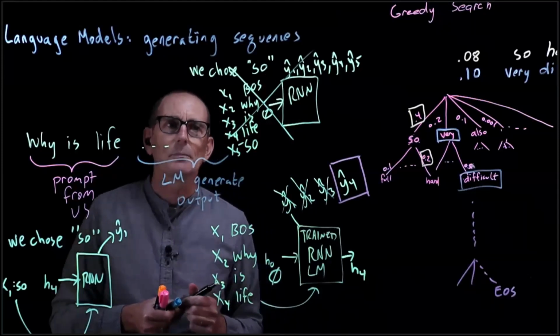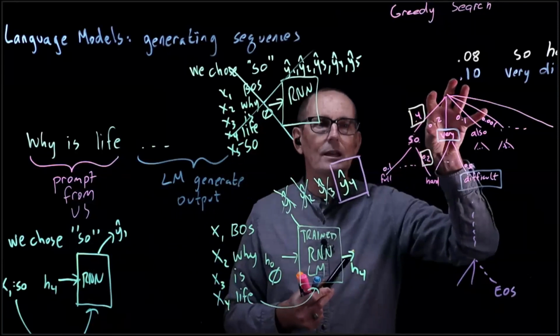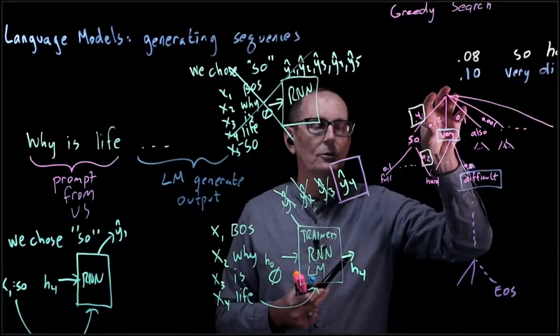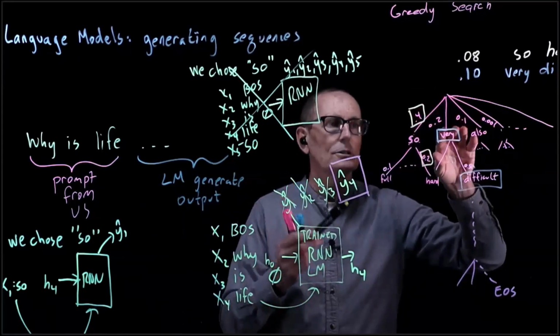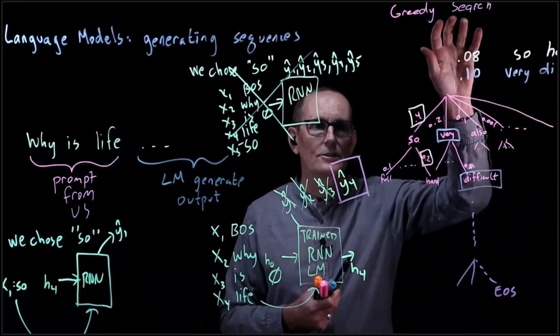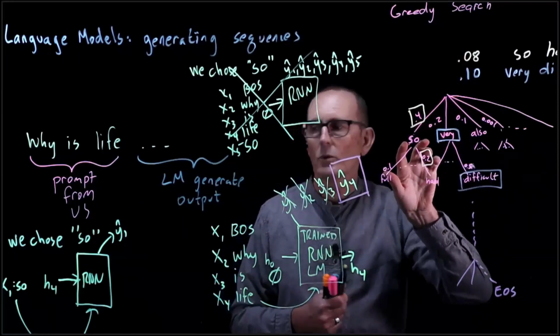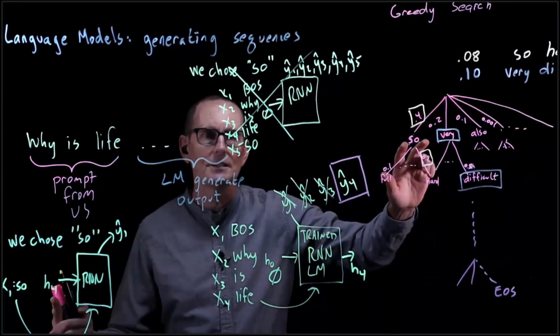So that's really important because that tells us how we are going to actually be navigating through this tree. We are going to get an initial probability distribution out. We're going to choose a word, perhaps greedy, or we'll look at other cases in just a moment. And then we'll take that word, we'll feed it into our RNN along with our saved hidden state.